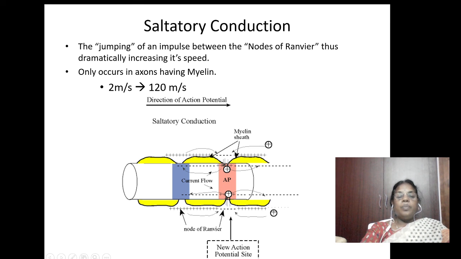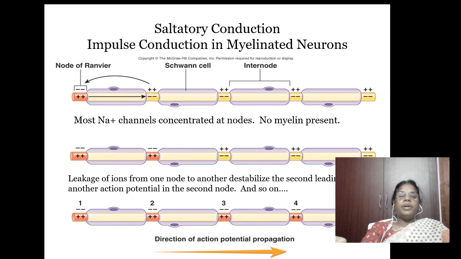It jumps over the myelin sheath and reaches the second node of Ranvier. So the impulse conduction is very fast. It is 20 times more than in the non-myelinated nerve fiber.